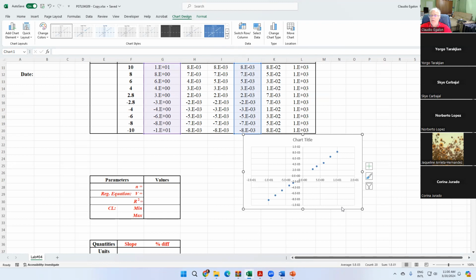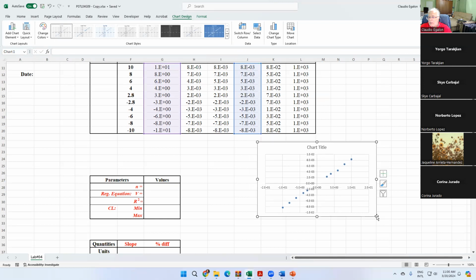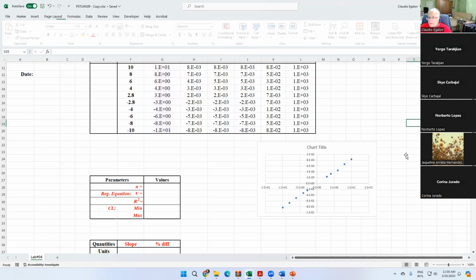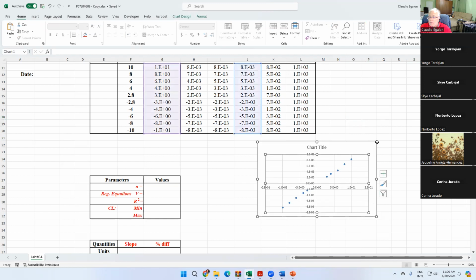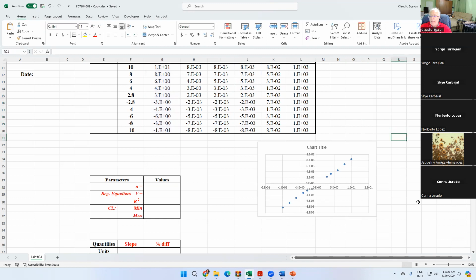We have to invert this graph. So how do we do that? Did I teach you how to invert this graph? I cannot blow it up for some reason. Strange.